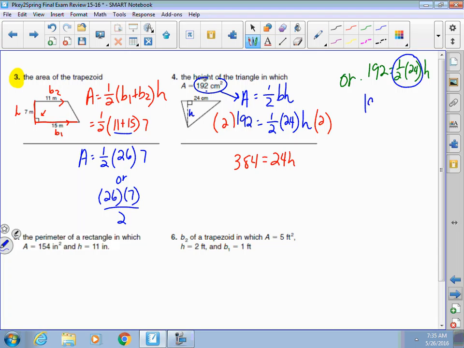What is half of 24? Yep, correct, 12. And then we have 12H, and now I can divide by 12, okay? So it works out either way, but just make sure we can work backwards dealing with half. That's usually where most people make the mistake.